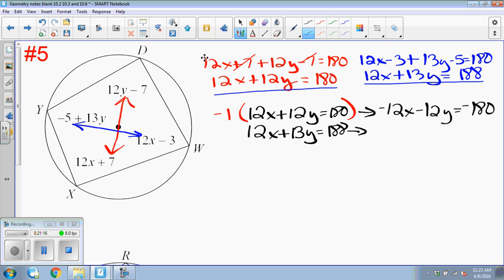Mathematically, that's legal as long as I do it to every term, right? So my bottom I didn't change: 12x plus 13y equals 188. Now my x's cancel. When I combine them, this becomes y equals 8. So I solved for y. Good. So I just go back and plug it in and figure out what x is.